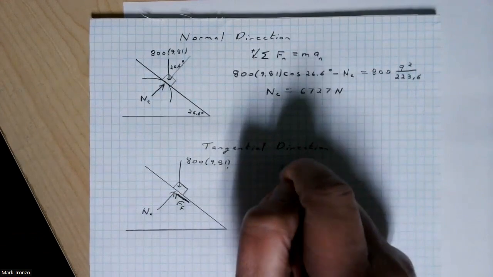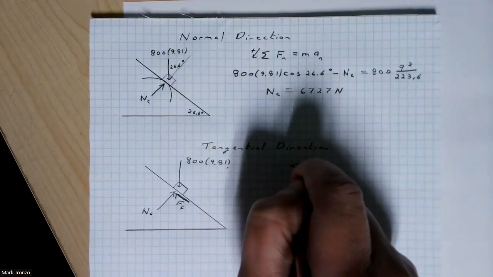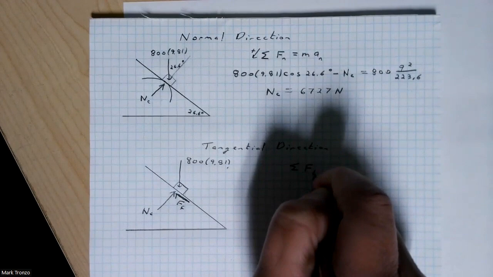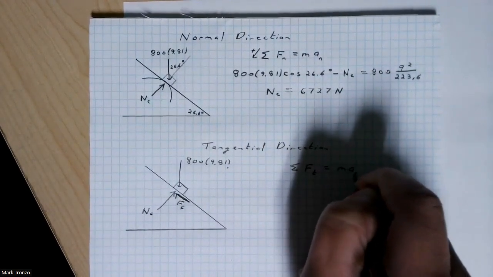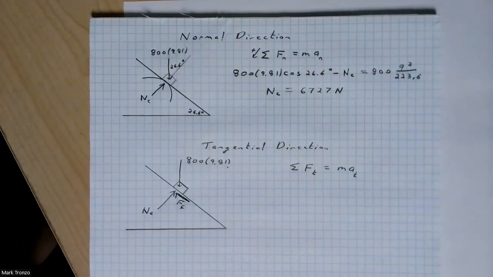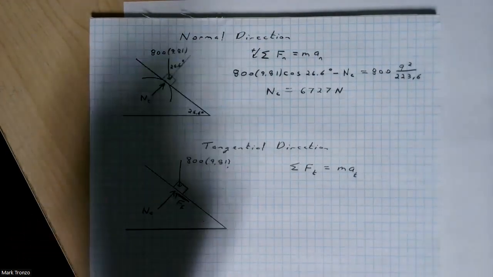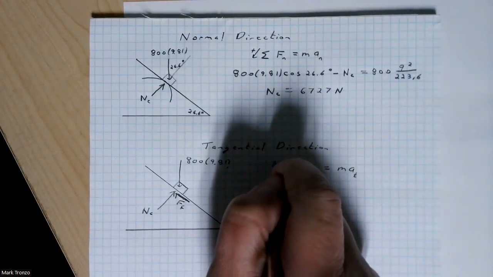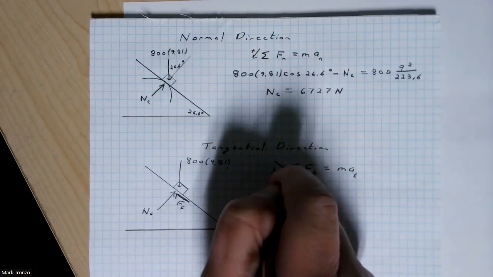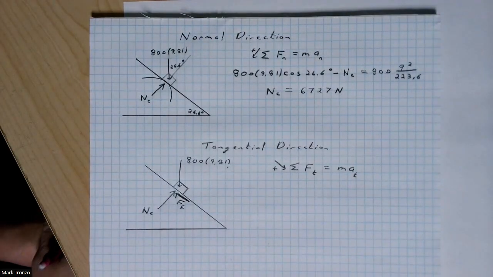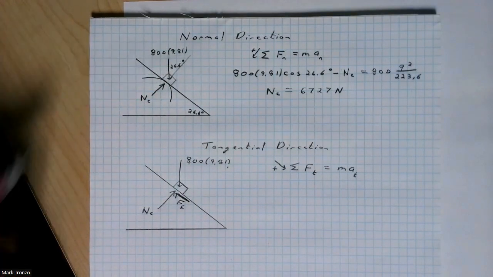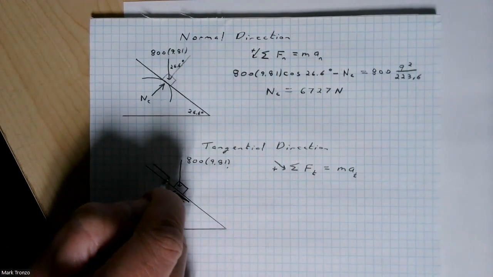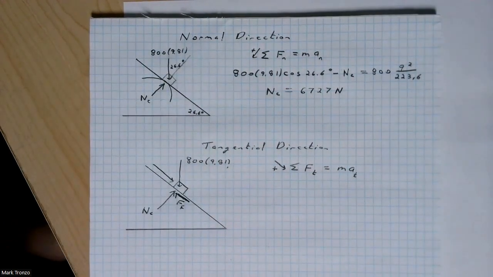So if we sum the forces in the tangential direction now, and again, you can pick whichever direction, I'll call this direction positive this time. Since this direction was a cosine, then the tangential direction, going this way, must be the sine.